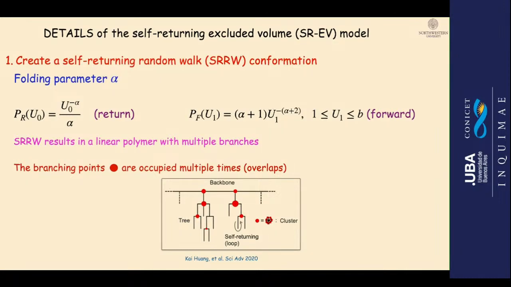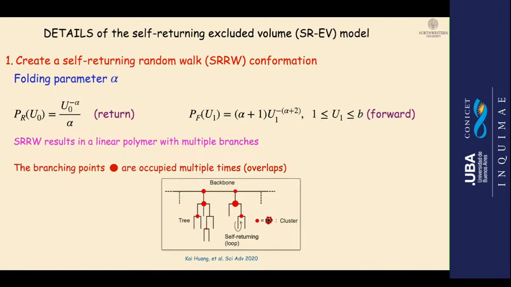The self-returning excluded volume model is an extension of the self-returning random walk model developed by us and published in 2020. The SRW is a random walk with the possibility to return over itself.